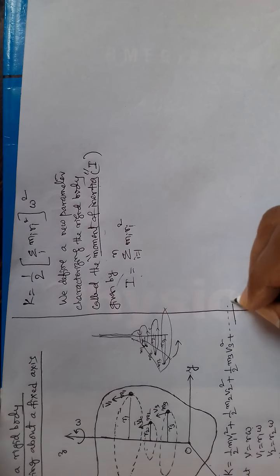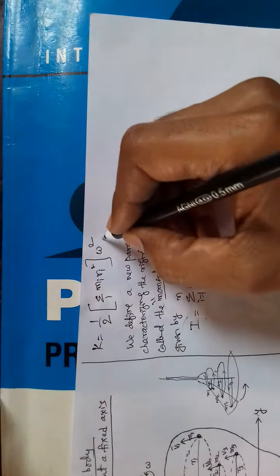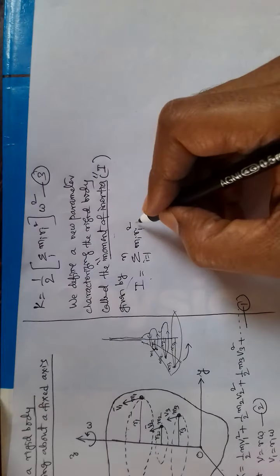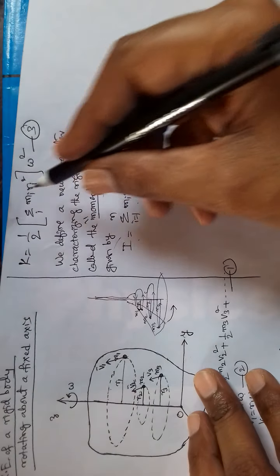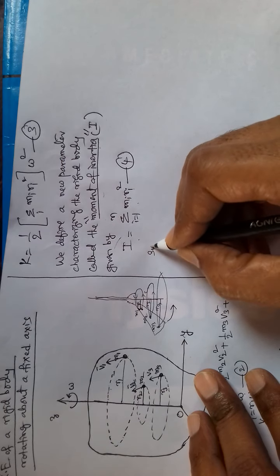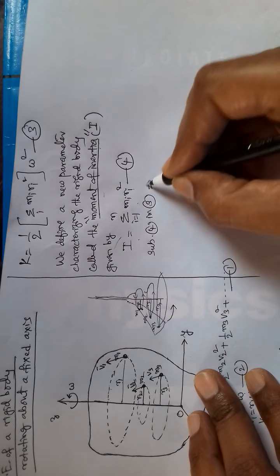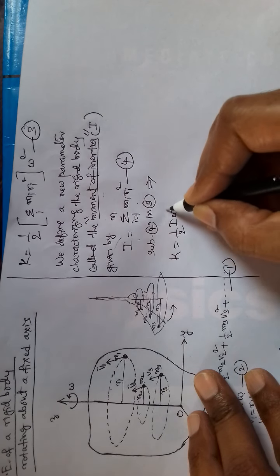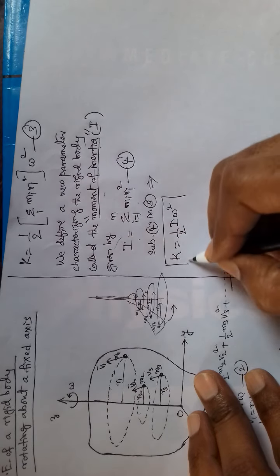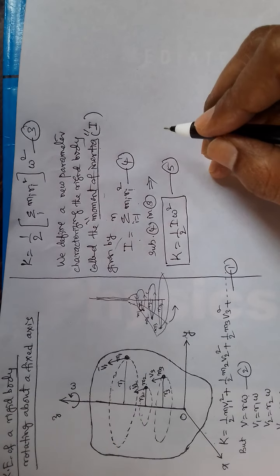See, this is equation 1, this is equation 2, this is equation 3, and this is equation 4. Now substituting 4 in 3, we get K is equal to half I omega squared.